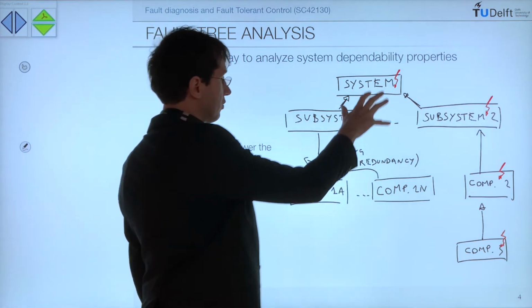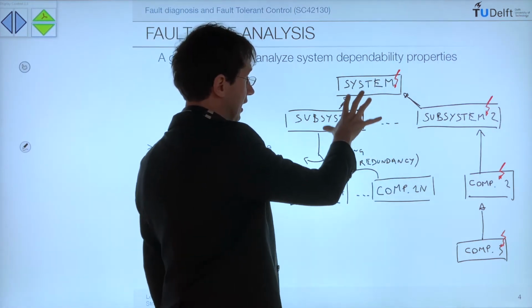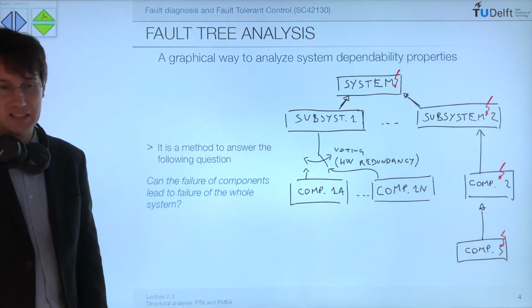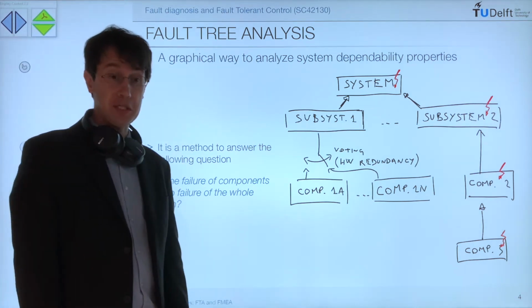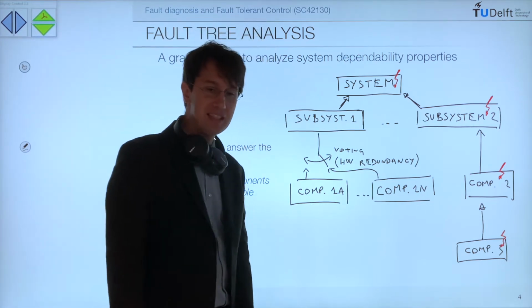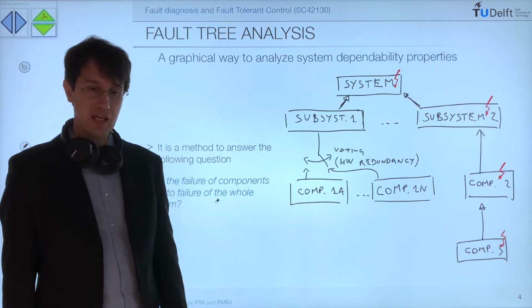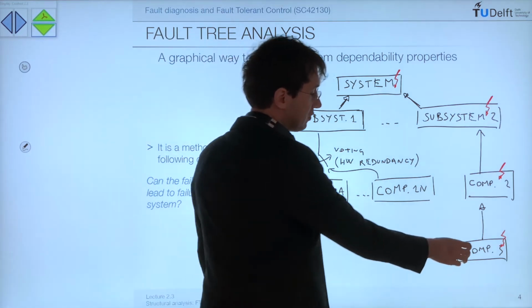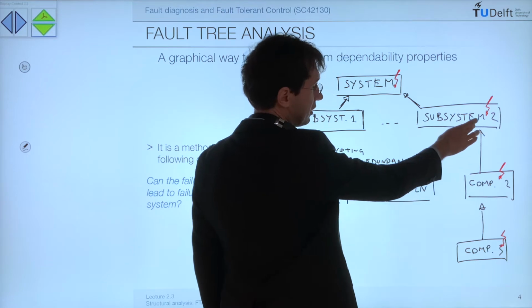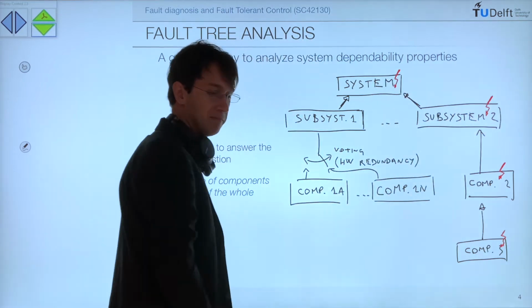And when you draw a layout like that, a block diagram like that, you realize that it is a graph and it is a tree. Along this tree, it's really easy to see how the presence of a fault at a lower level can propagate up to subsystem and system level.